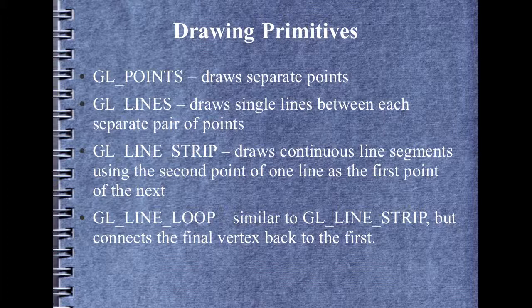GL line strip, if we have points A, B, C, D, will draw a line from A to B, from B to C, and from C to D. And GL line loop is like a line strip, but it connects the final vertex back to the first. So it would also draw a line from D to A. So you can think of a GL line loop as being able to draw an open polygon.